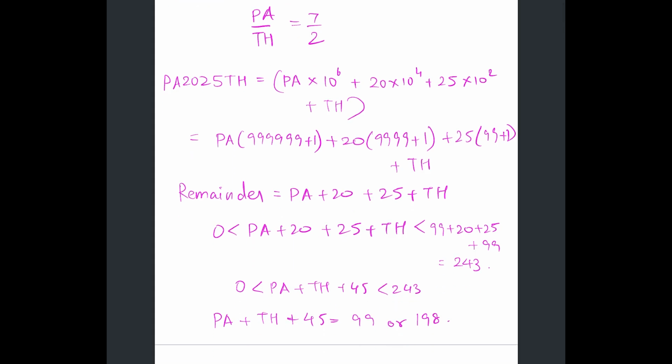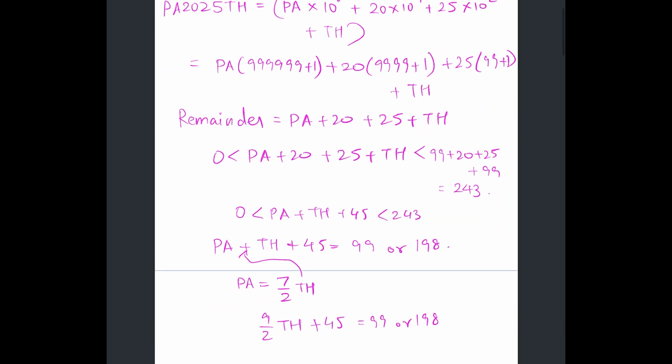Now we know that PA is equal to 7 by 2 TH, so we can put that here. We get 9 by 2 TH plus 45 equals 99 or 198, right?